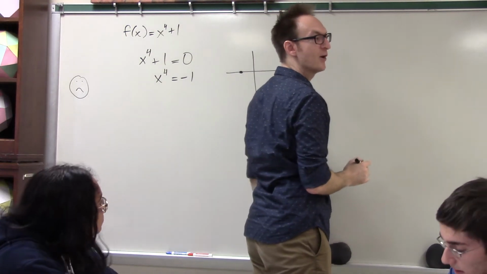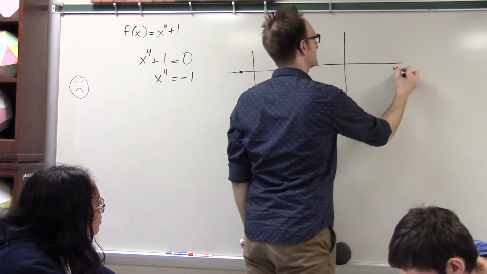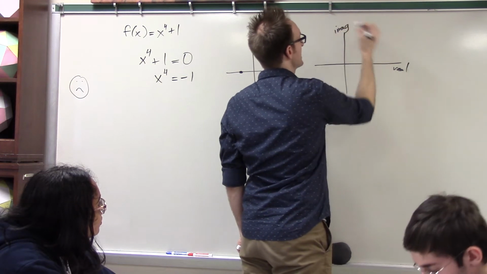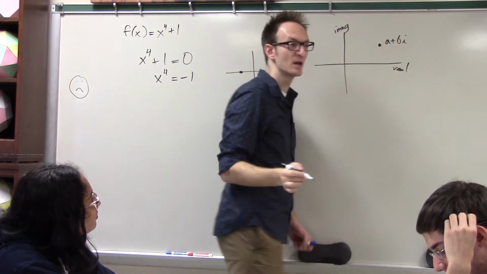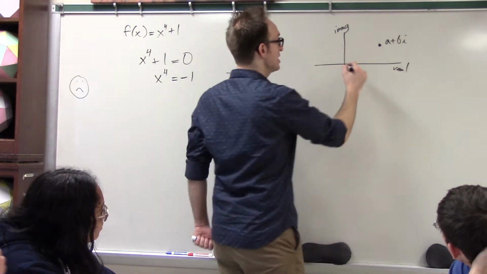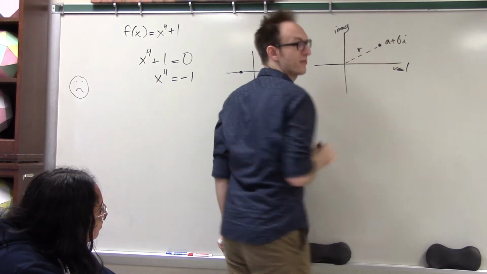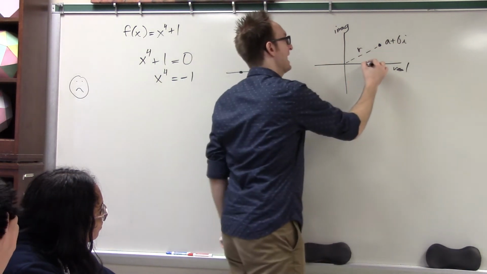Yeah. We were like, take a number on the complex plane. This is the real axis, this is the imaginary axis, and suppose the number is represented as a plus bi. Alternatively, you can represent that same number with its distance from the origin and its angle.